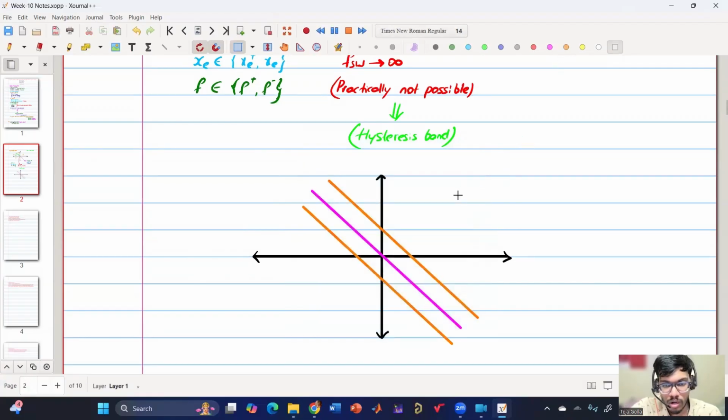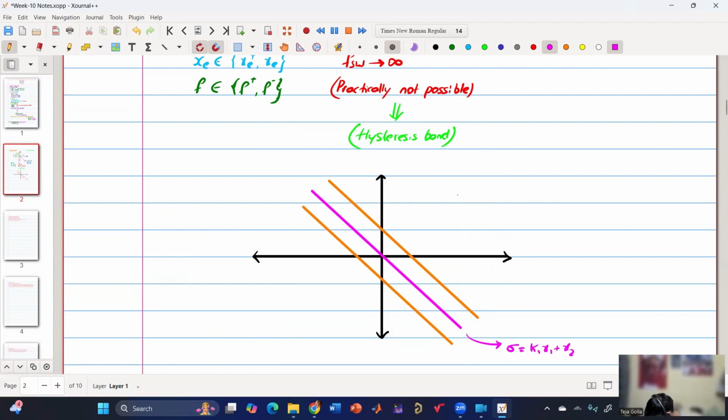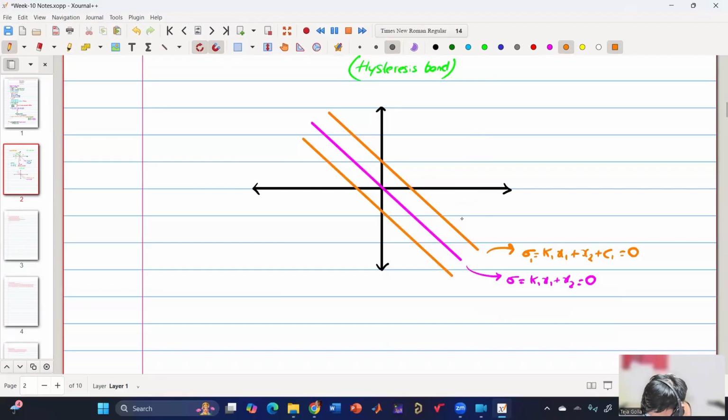This is my sigma equals k1 x1 plus x2 equals 0. The top one has some positive offset, say sigma 1 equals k1 x1 plus x2 plus c1 equals 0, and the bottom one is sigma 2 equals k1 x1 plus x2 plus c2 equals 0.